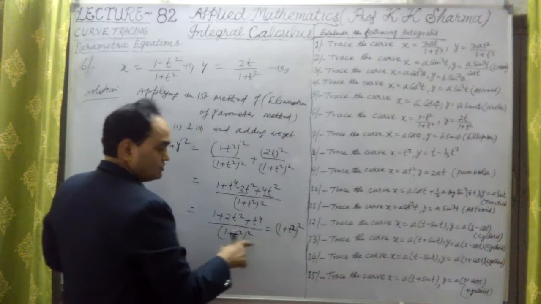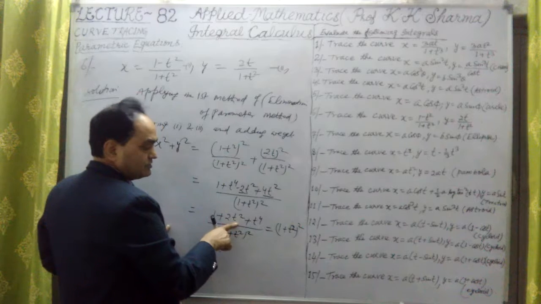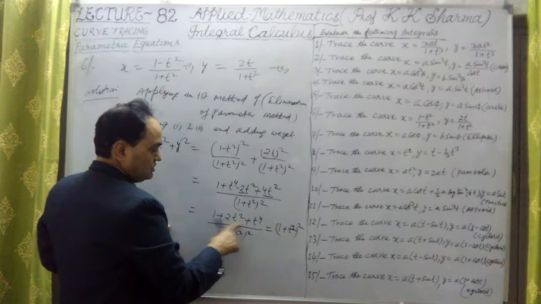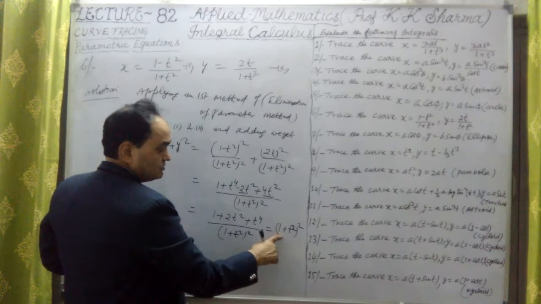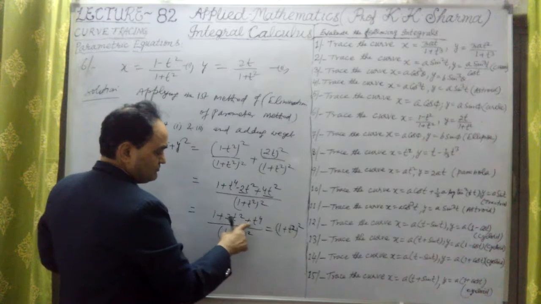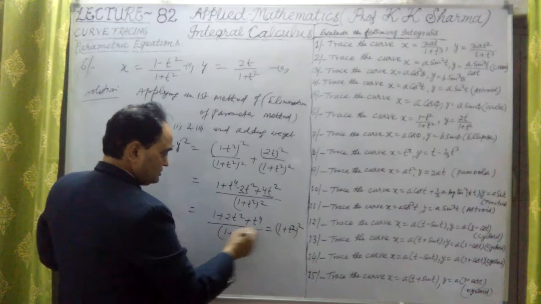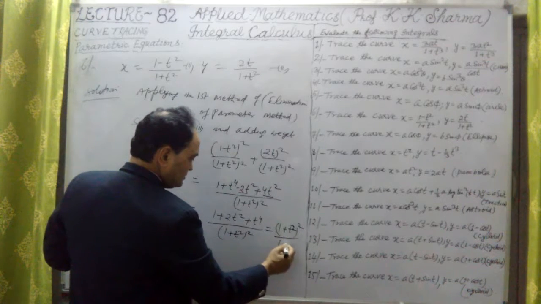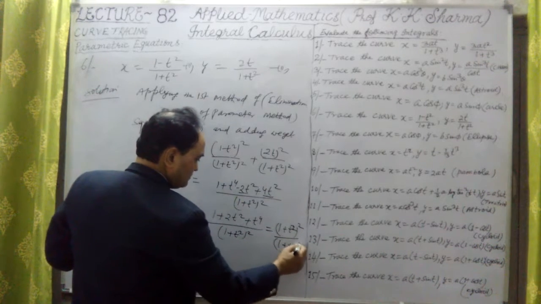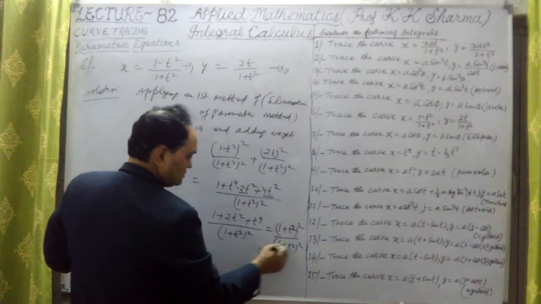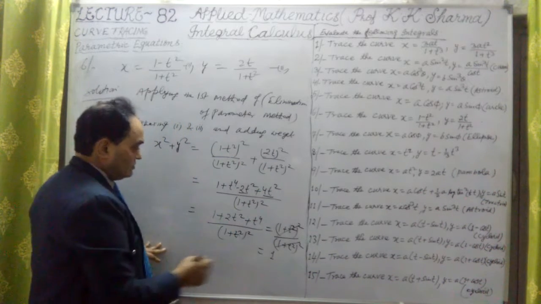If I open (1 plus t square) whole square, we will obtain the same thing: 1 plus 2ab, that means 2t square, plus b square, that means t4. So the same thing we have obtained in the numerator and in the denominator also. This is equal to 1. This cancels out. This is equal to 1.